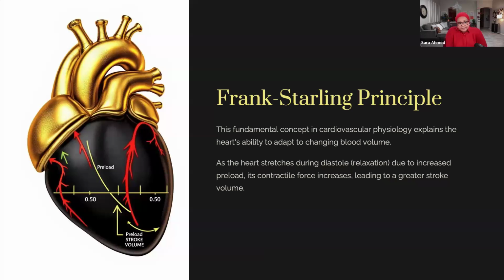Okay? And they provide a foundational understanding of the factors influencing cardiac function and performance during the cardiac cycle. So they are related to the concept of the cardiac cycle.